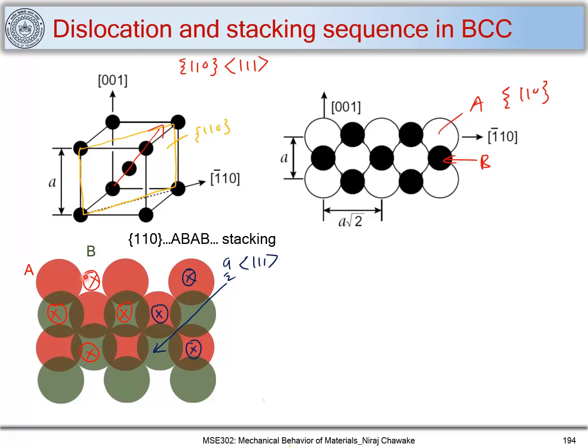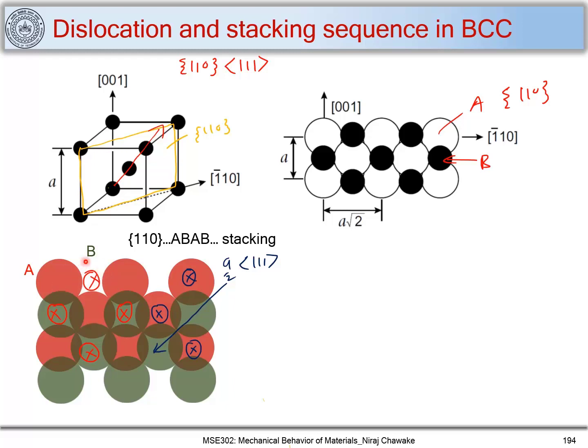So you can see that there will be no stacking fault or a fault which has been created when I moved by this Burgers vector. And the stabilized positions for B atoms will be these locations, because these are the locations of minimum energy.